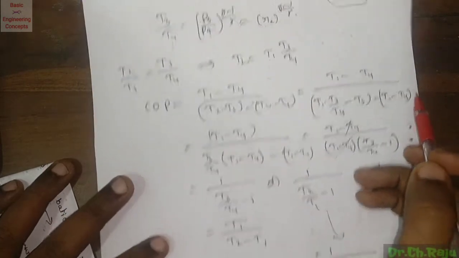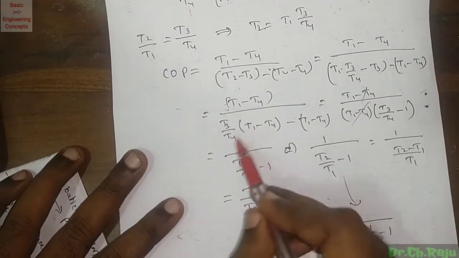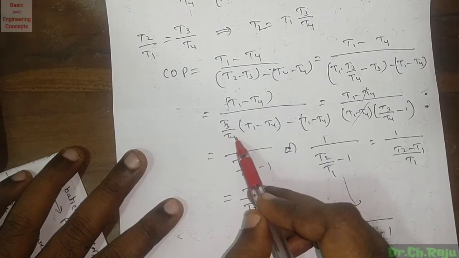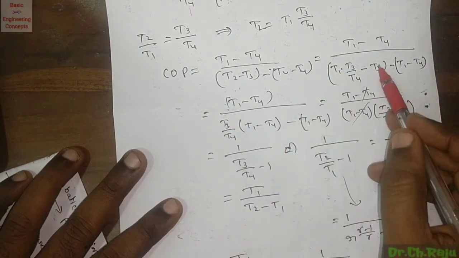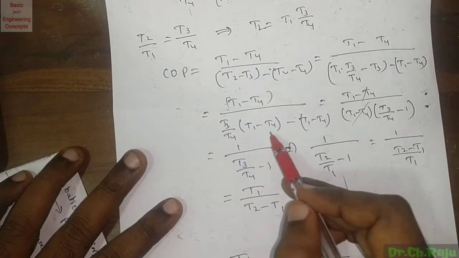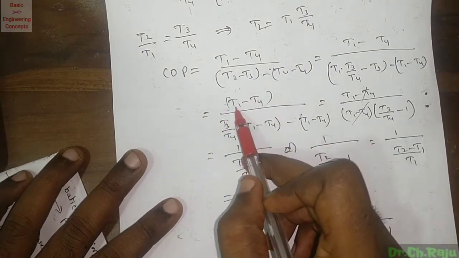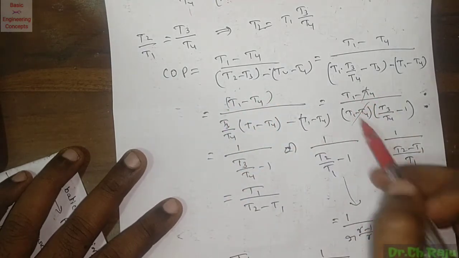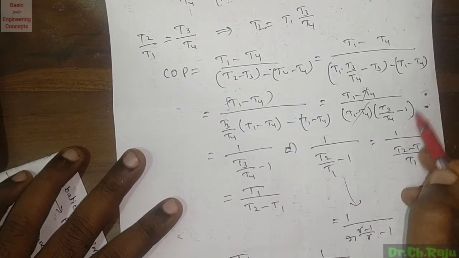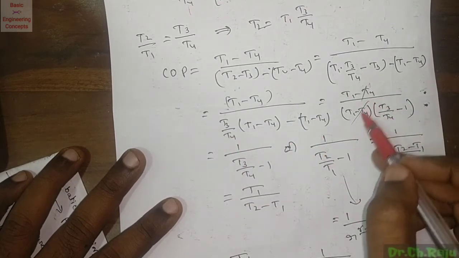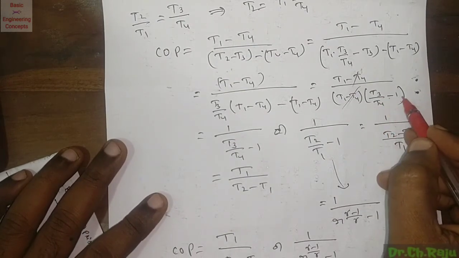Taking T3 by T4 as common outside, T3 by T4 into T1 gives T3 by T4 times T1, and T3 by T4 into T3 is equal to T4. Then T1 minus T4 is common, so you can get T3 by T4 into T1 minus T4, minus 1. T1 minus T4 cancels in both, leaving T3 by T4 minus 1.